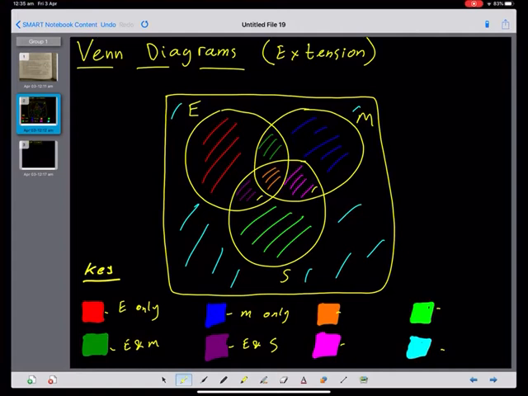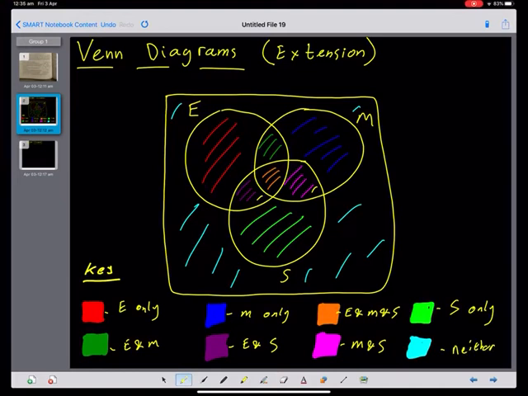We've got the orange, which is English and maths and science. Then we've got this pink, which is maths and science. Then we've got the blue, science only. And then we've got the light blue, which is neither.